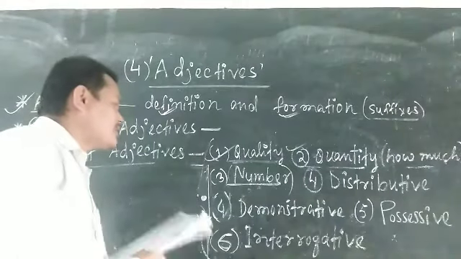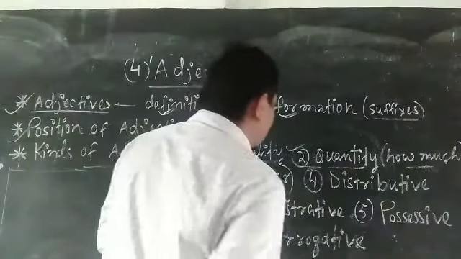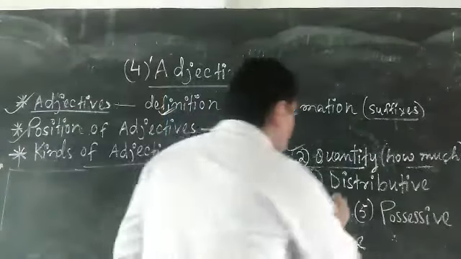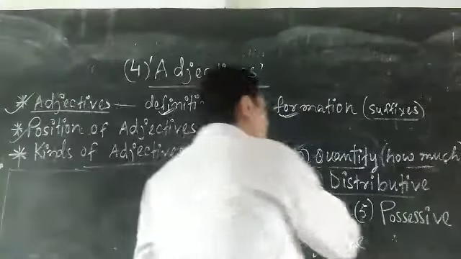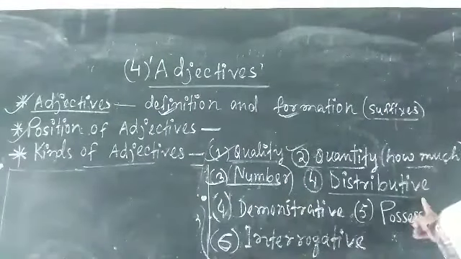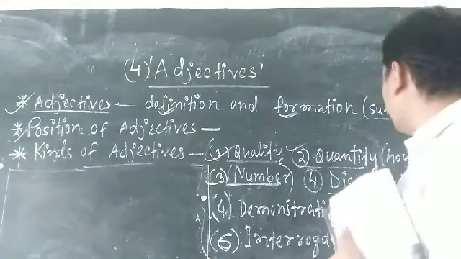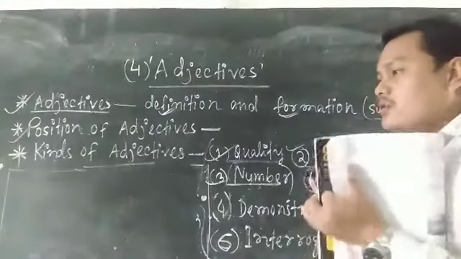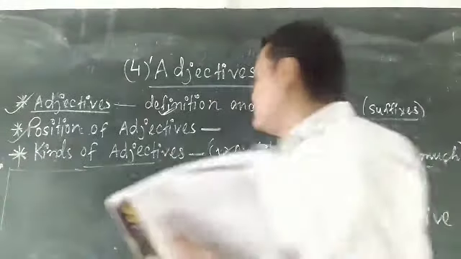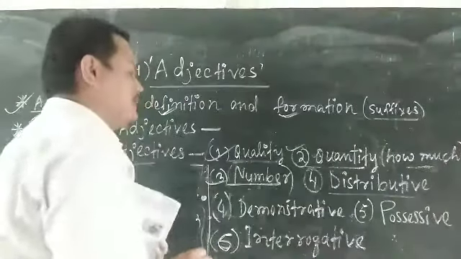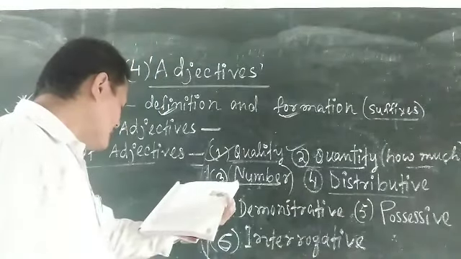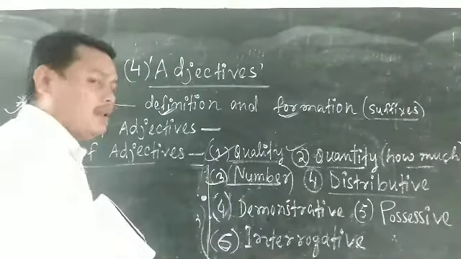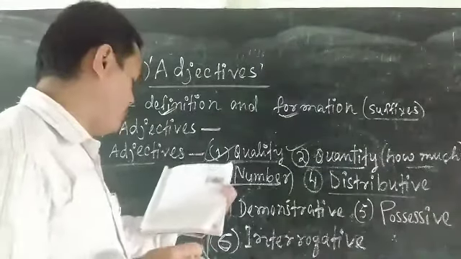And dear students, the next kind of adjective is distributive adjective. You see, distributive, this word is taken from the word distribution. Distribution means to divide anything and give to each of the people present. So distributive adjectives refer to each person or place in a group.